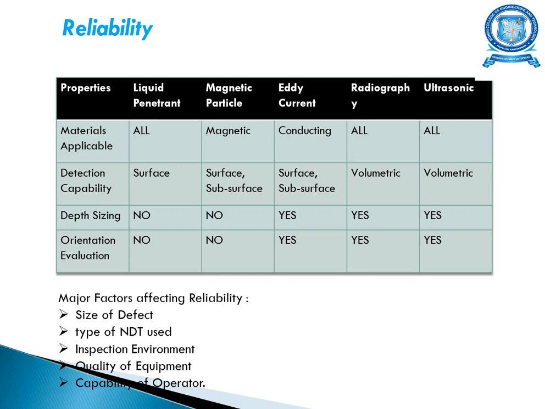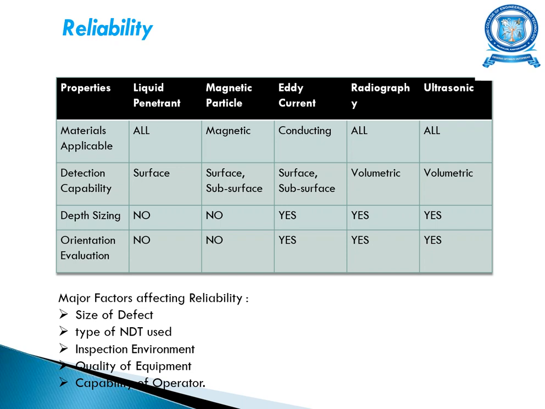As for detection capability, in liquid penetrant testing only surface defects can be detected. In magnetic particle testing, you can detect surface as well as subsurface defects, similarly for eddy current also. And with radiography and ultrasonic testing, you can do volumetric inspection.